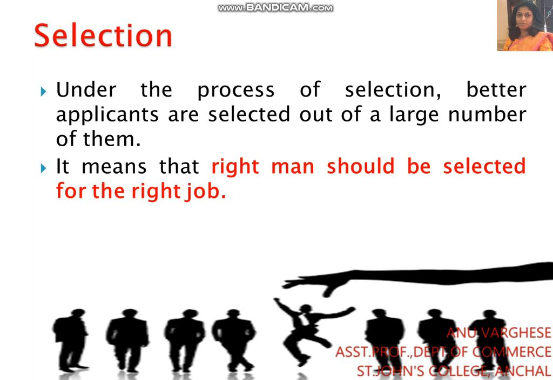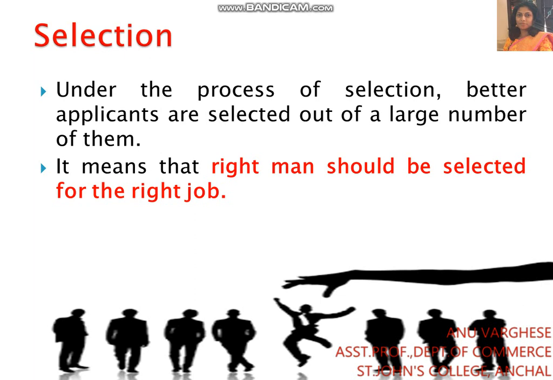Selection. Once the potential applicants are identified, what is the next step? The next step is to evaluate their qualifications, qualities, capabilities, etc. and make the selection. The selection process varies from industry to industry, company to company, and even among departments of the same company.